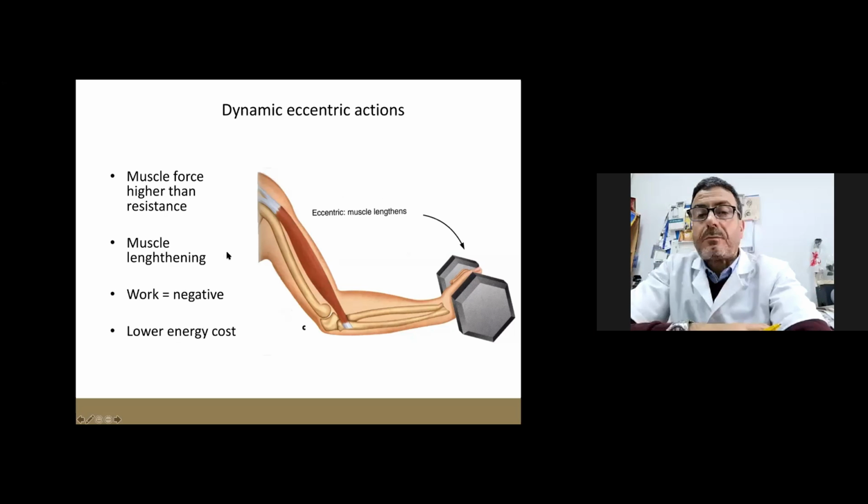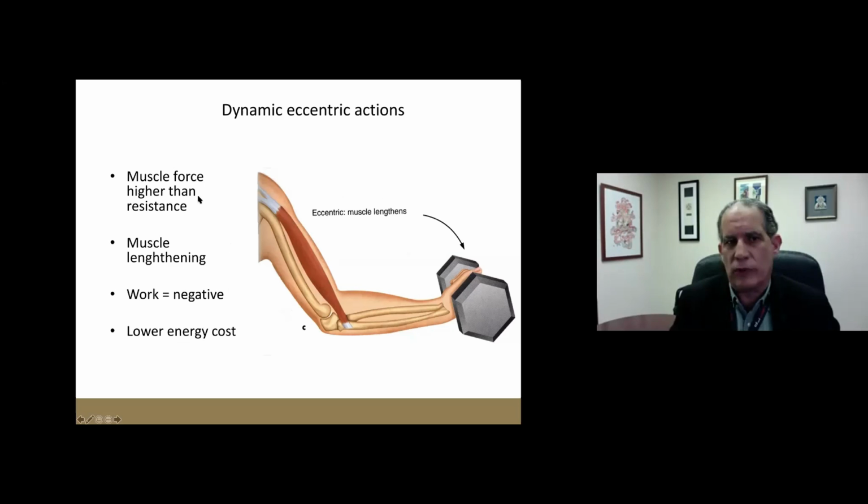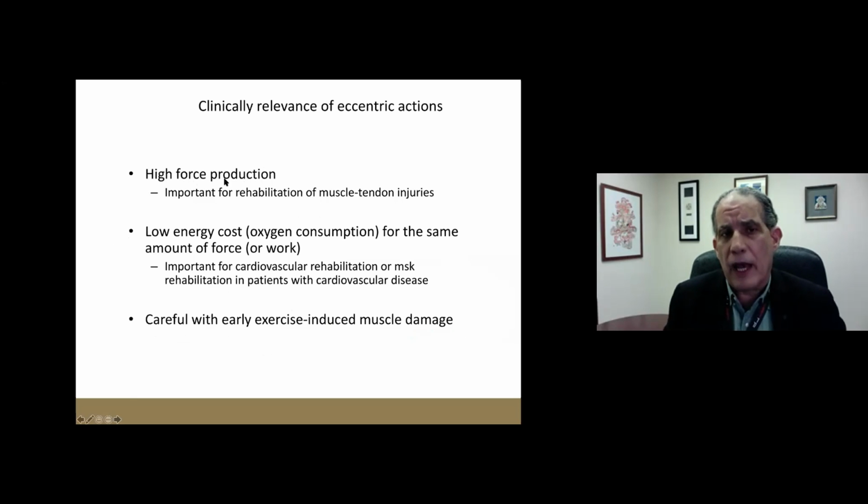But the reason why we use eccentric actions is this one: the muscle force is higher than the resistance and is higher than in the concentric actions. The high force production is why this is important for rehab of muscle and tendon injuries. The lower energy cost will help us with patients whose muscles may fatigue early.